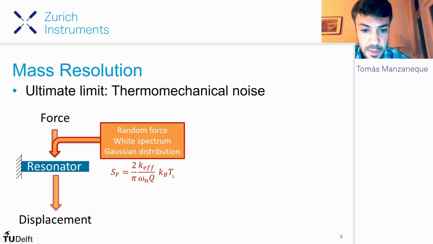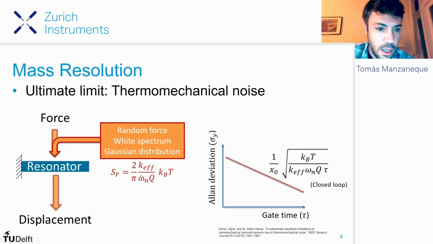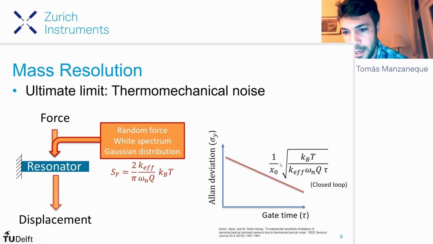And this depends just on the temperature and on the parameters of the resonator, namely the stiffness, resonance frequency, and quality factor. So we can do some math and introduce this wide spectrum force into the transfer function of our resonator, and also include the closed loop system, and we can obtain the Allan deviation that we expect from this thermomechanical noise.